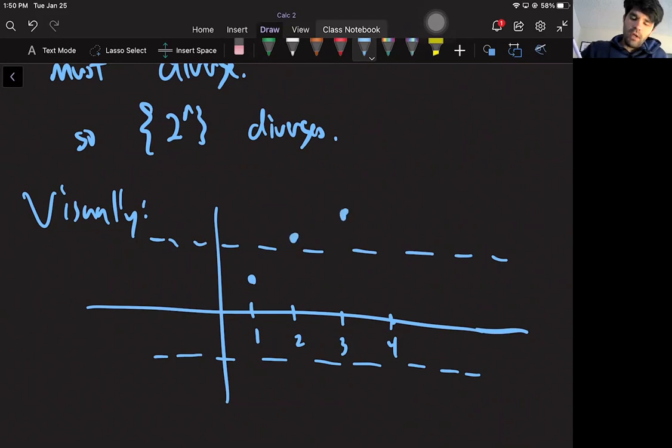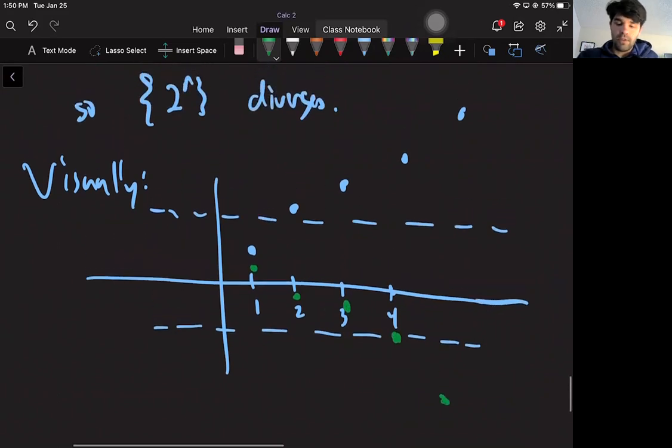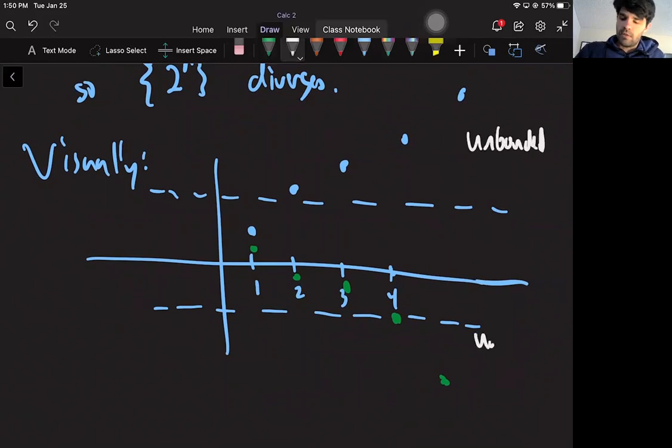Either they'll always be going up and up and up, and therefore they won't be going towards a number, or maybe they'll be going down and down and down, and also for that reason won't be going towards a number. So the green and the blue here are 2 representations of unbounded sequences as pictures.